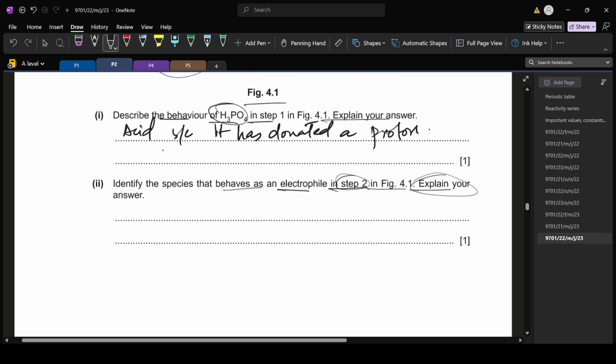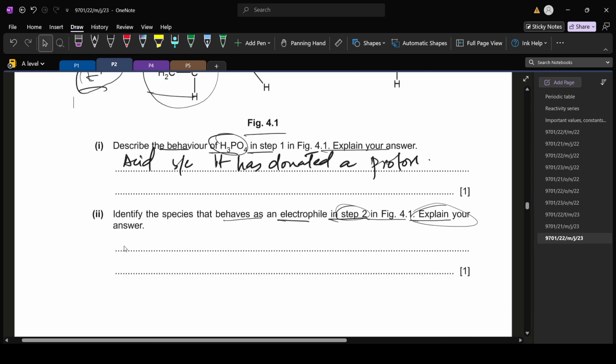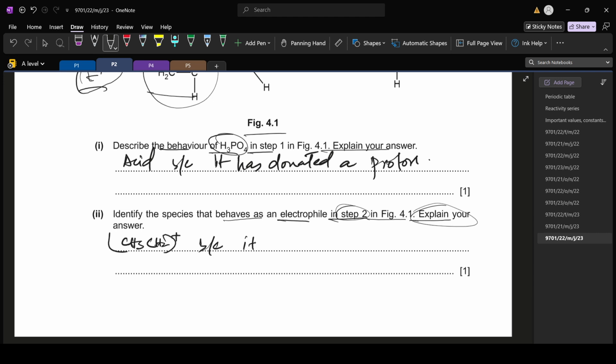So the electrophile is CH3CH2+. This is your electrophile because it accepts a lone pair, or a pair of electrons.